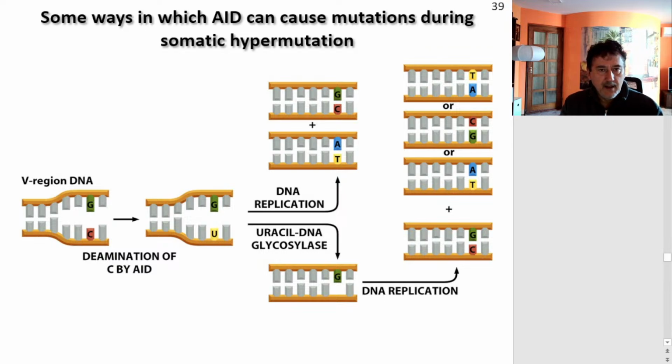So here you can see that there is an AID enzyme which converts the C letters to U. So two things can happen here. One thing is that the U is recognized as T, but actually the U is an RNA base, so usually it doesn't happen, but it can happen.